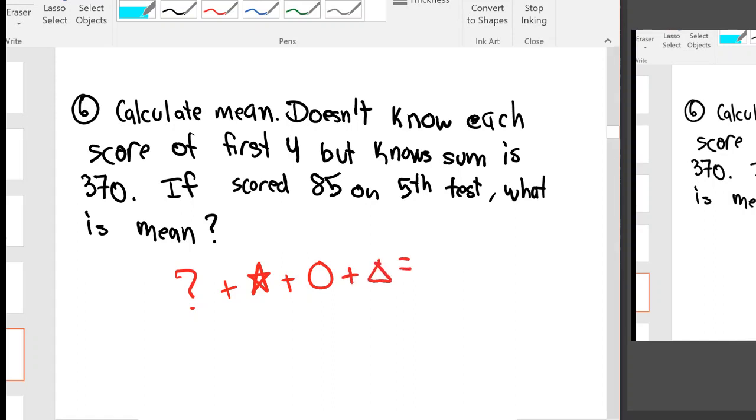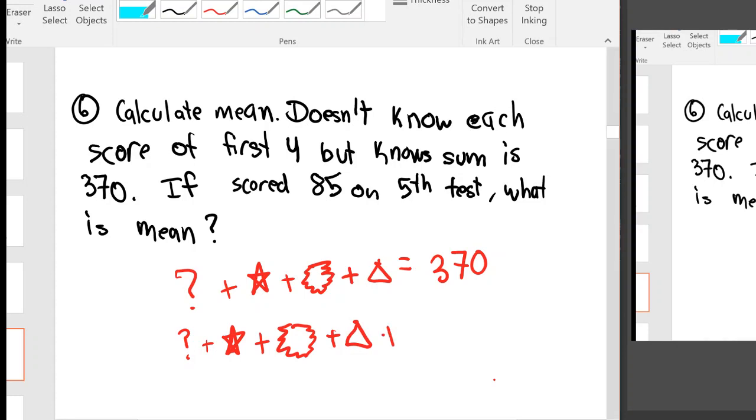These all represent test scores, but they all add up to 370. Then the 5th test score is 85.